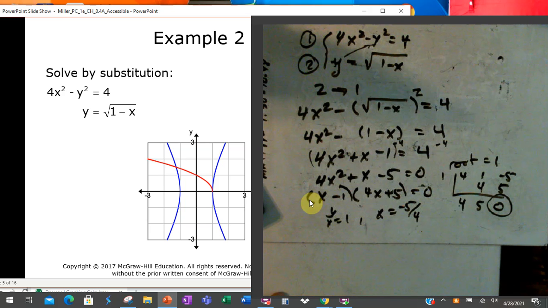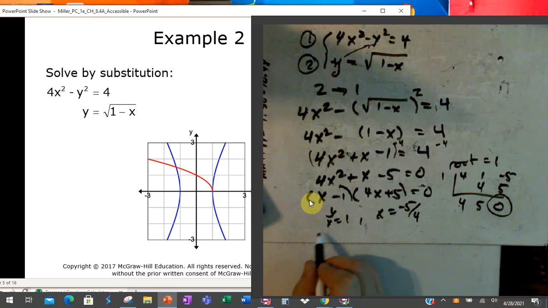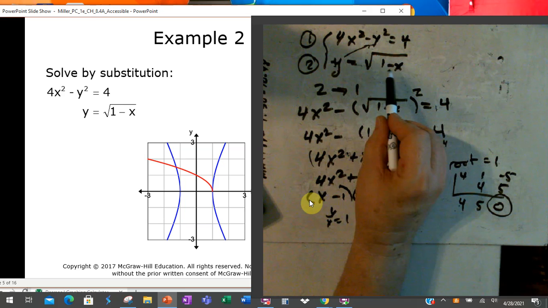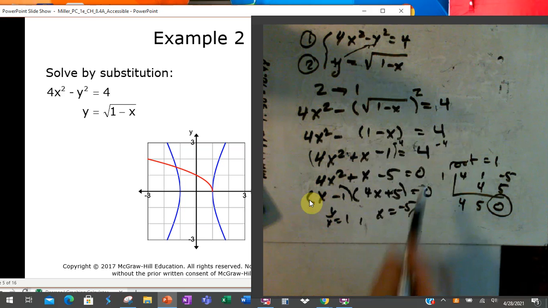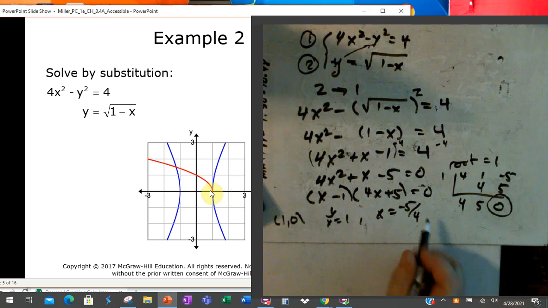Okay, so once I get these, I have to go back and put it in here. My corresponding y value for 1 minus 1 is 0. So my 1, 0, that's what we see here.